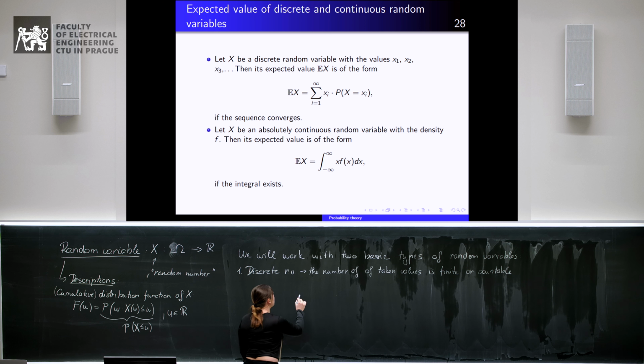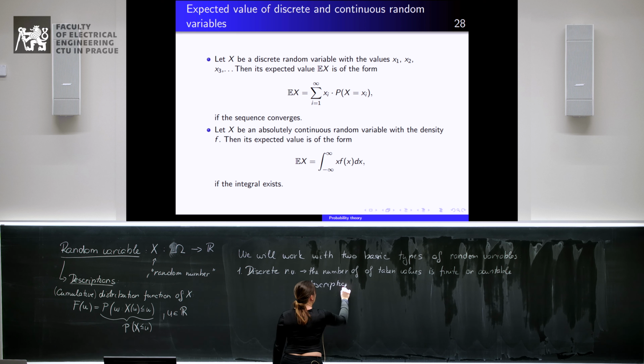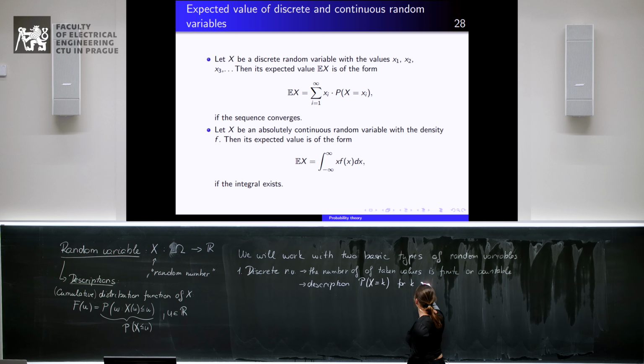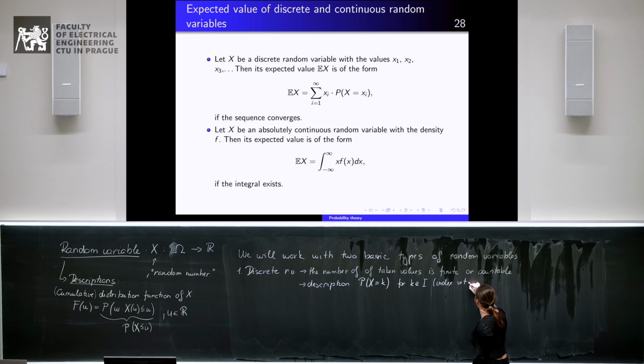And in this case, the description is given by the probability that X is equal to some concrete values x_k, for k, let's say, from some index set, which is finite or countable.